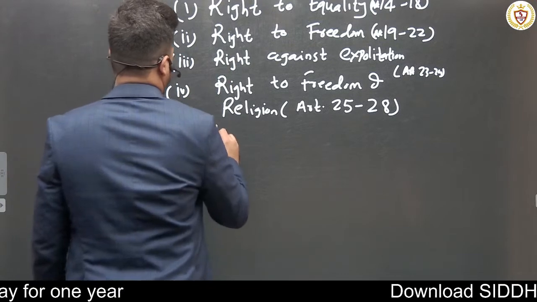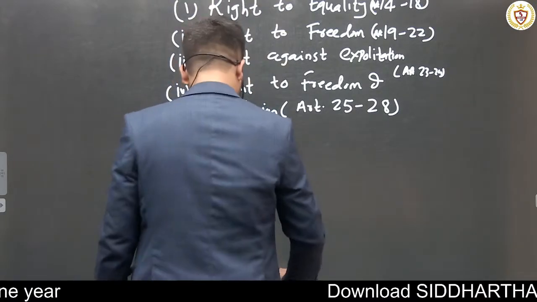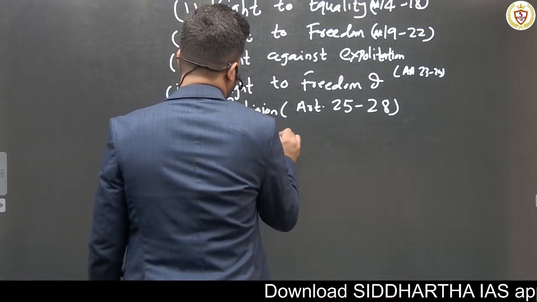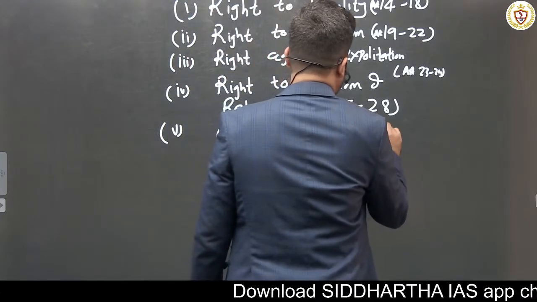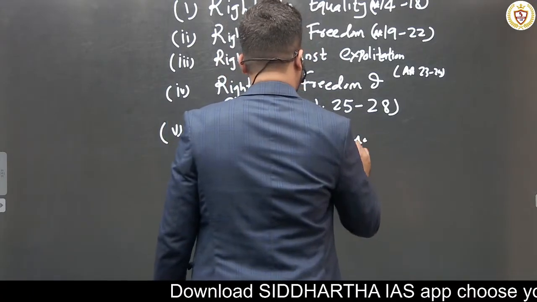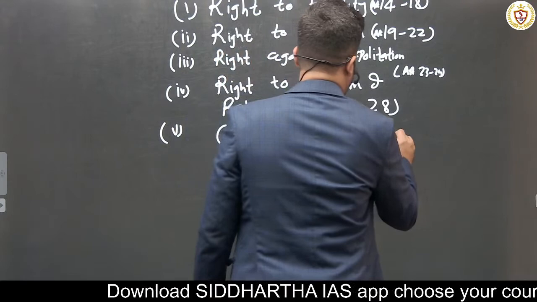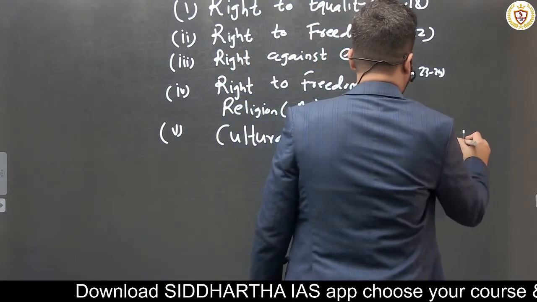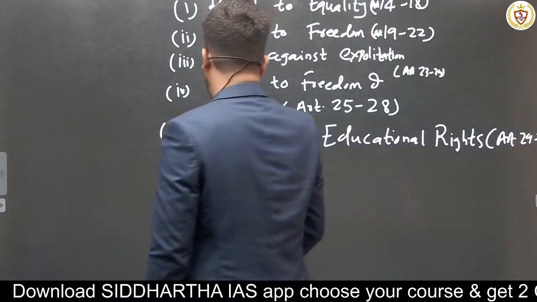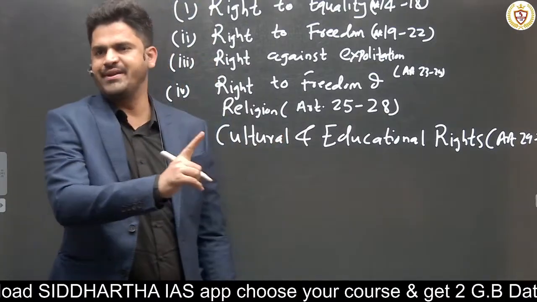Then fifth, next is cultural and educational rights, from articles 29 to 30. 2 articles only. Okay?